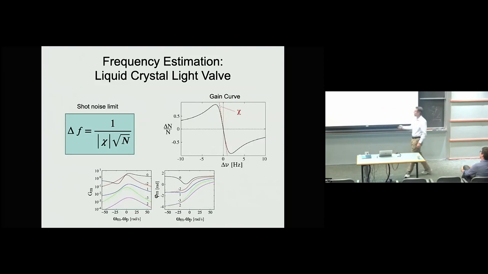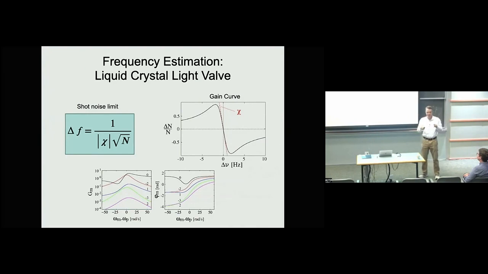Now the reason why this is possible is because we had a gain curve, which means that if I put one laser into the crystal, another laser into the crystal, and I change the relative frequency of those two lasers, then I can put all of my power into one and pull it out, or vice versa. And that's what I mean by this gain curve.